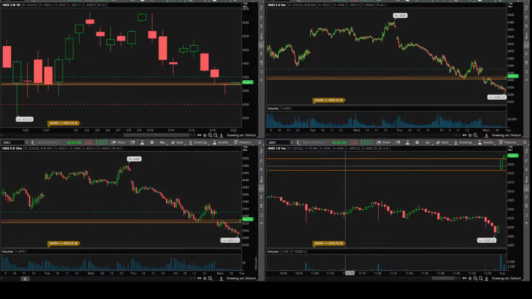Getting close to the overnight high on the NASDAQ. Let's see. We got a ways until we hit the overnight high on the E-mini.